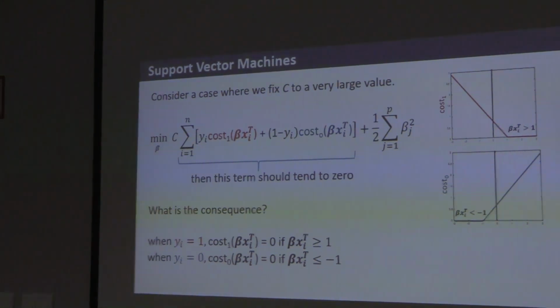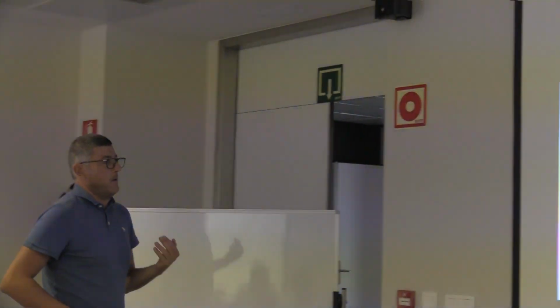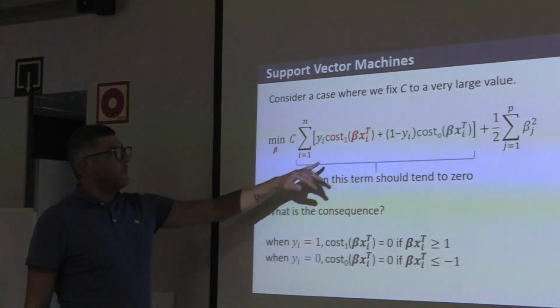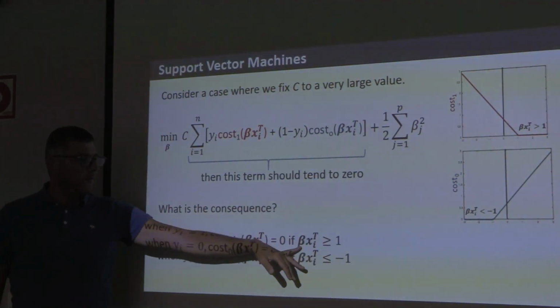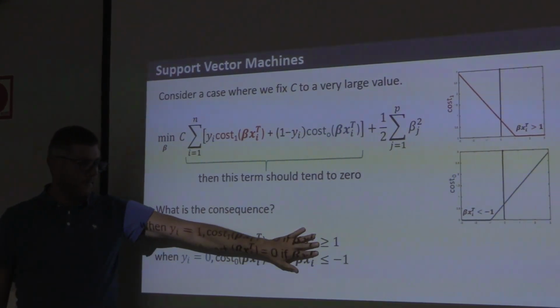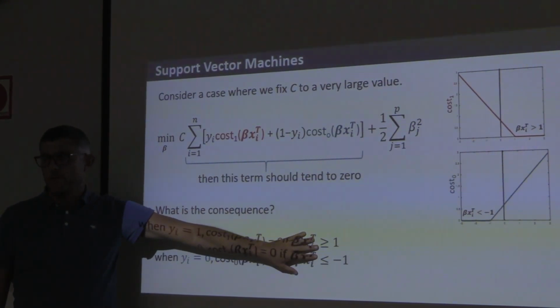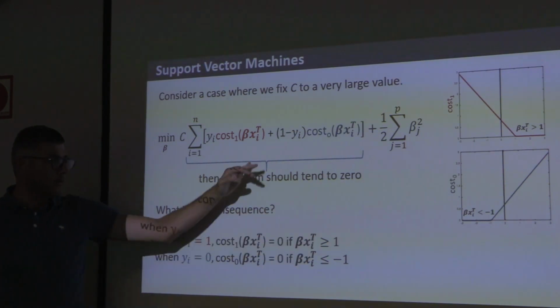So let's say that we fix C to a very, very high value. The consequence is that support vector machine is supposed to find some coefficients which permit to have this situation.